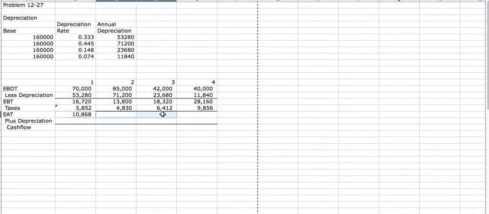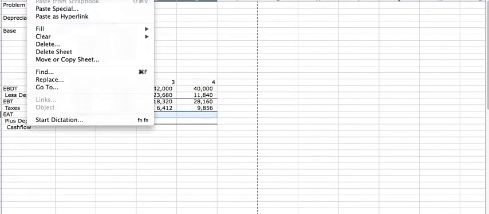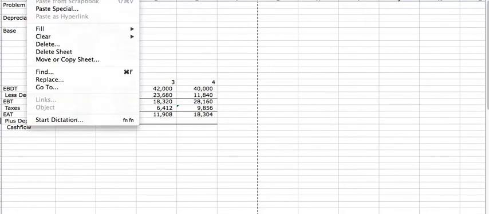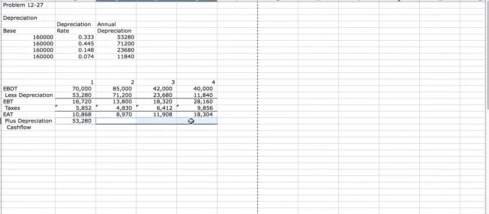So earnings after taxes, you can see here, are $10,868, but we're going to add back that depreciation because depreciation just has a tax consequence. It has no cash consequence.